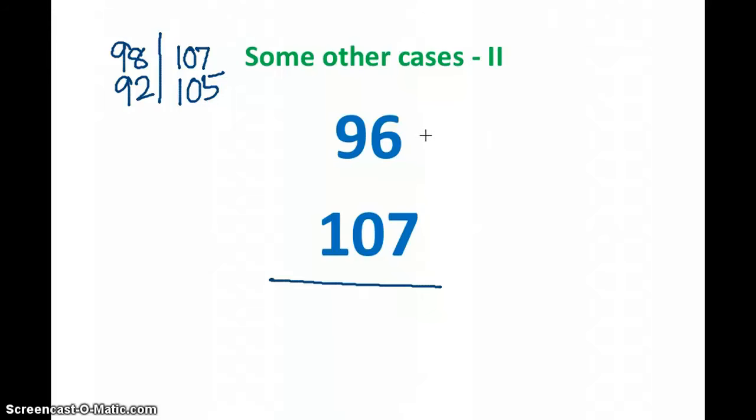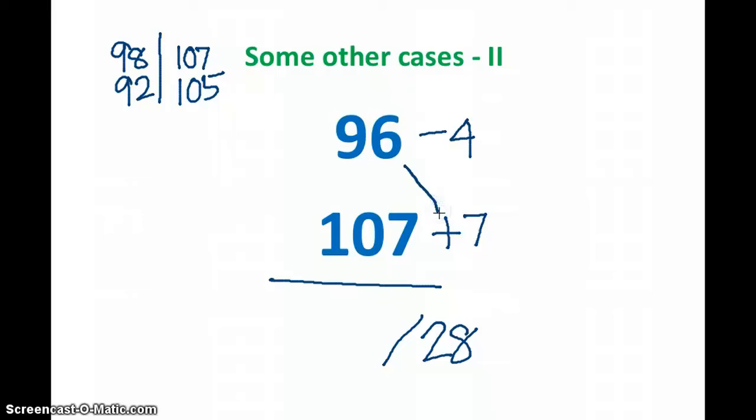Let's see how we can do this. It's the same technique. 96 is 4 less than 100 and 107 is 7 more than 100. Same technique, we just multiply and we get 28. After that, we do 96 plus 7.